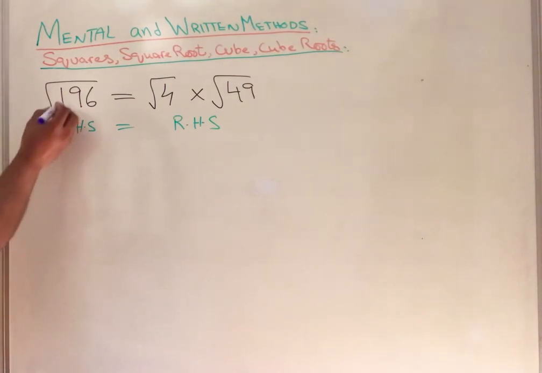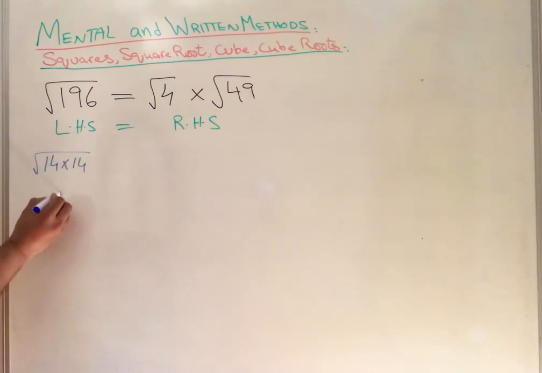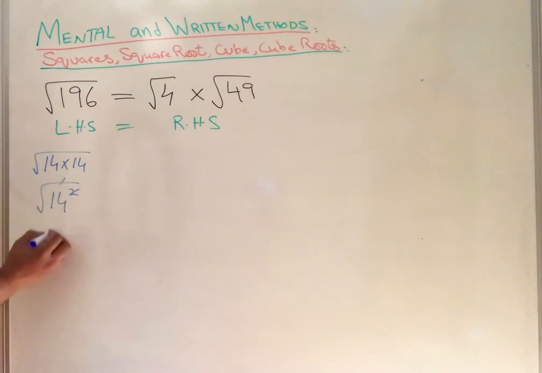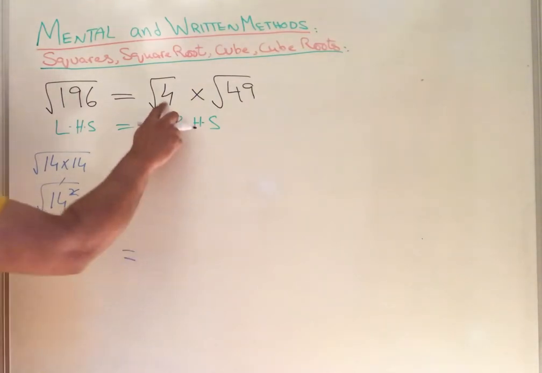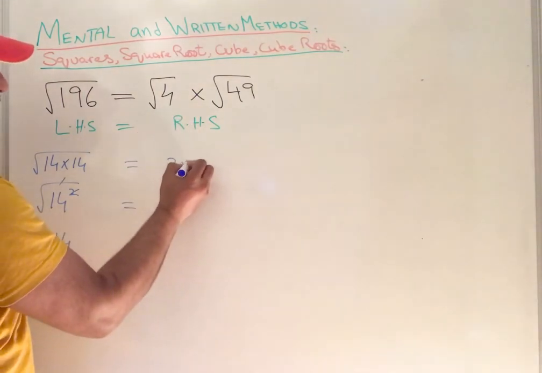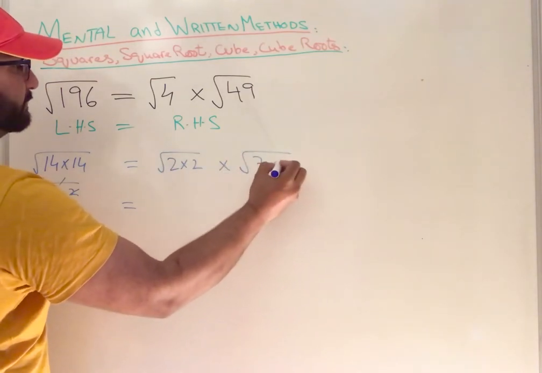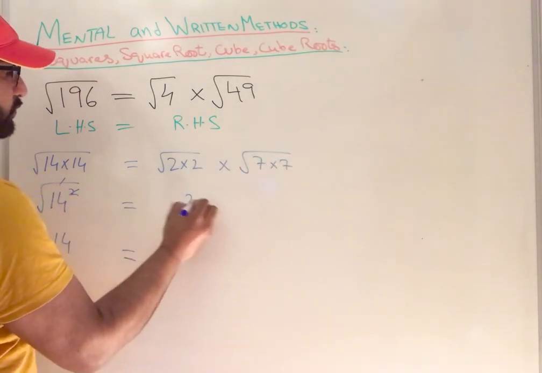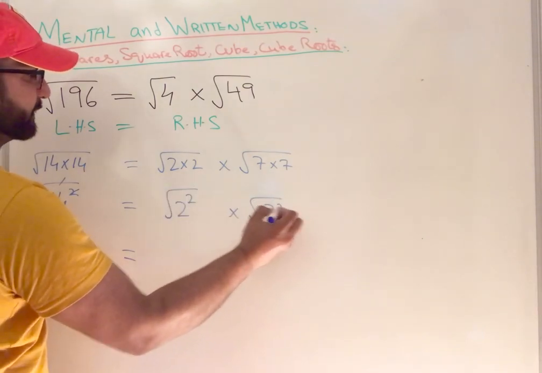So let's see. 196 we can say is 14 times 14. So 14 squared, and the square root cancels with the square. So the answer is 14. Now the square root of 4, which is the square root of 2 times 2, and 7 times 7, 2 squared, 7 squared.